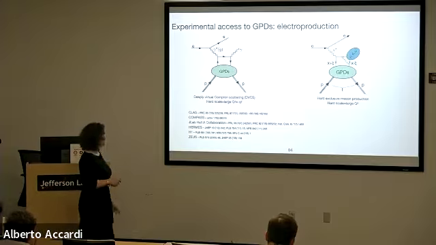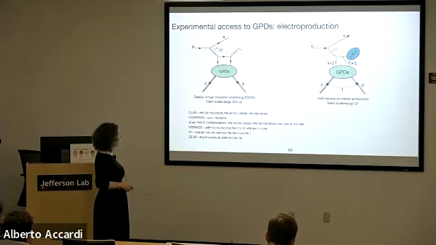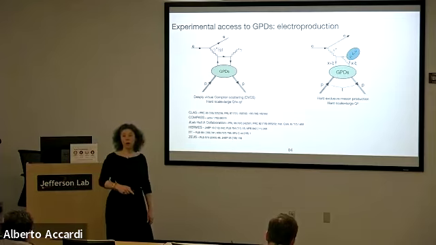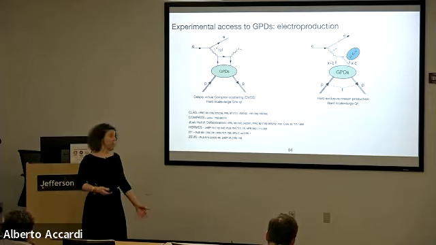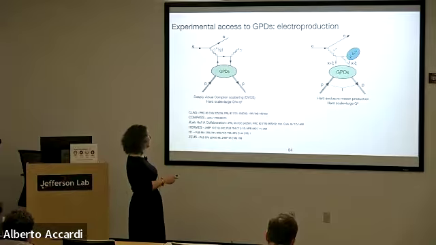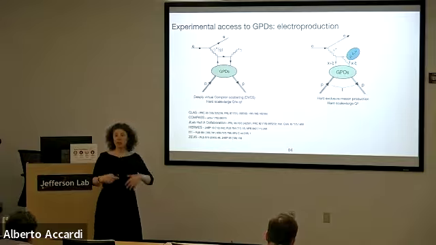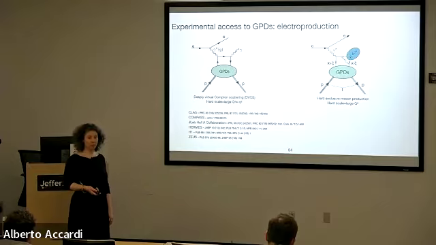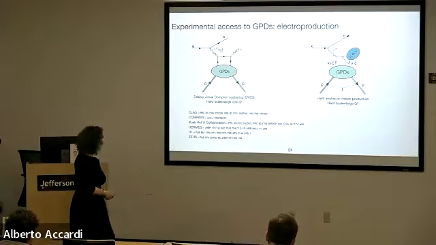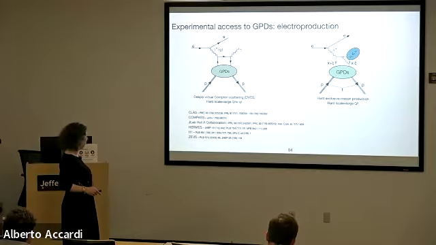Now, in addition to looking at the exclusive production of a real photon, we can also look at the exclusive production of mesons, for example, vector mesons like the rho, the phi, and the omega. Everything stays the same. The only thing is that we now have an additional non-perturbative object that we have to again model from data. We can't calculate the evolution from a quark going to a final state rho, for example.